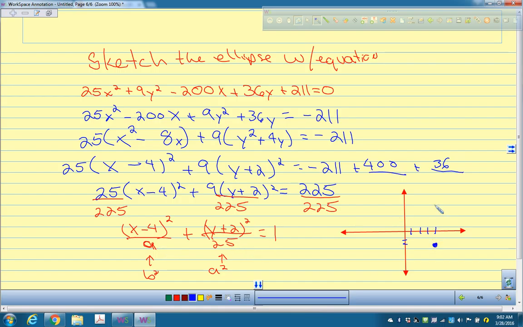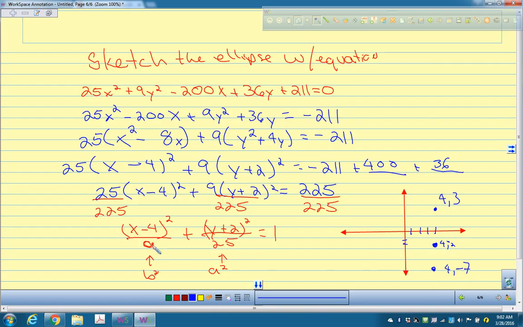So I'm going to go up 5 from 4, -2, which puts this vertex at 4, 3. And then I'm going to go down to 4, -7.